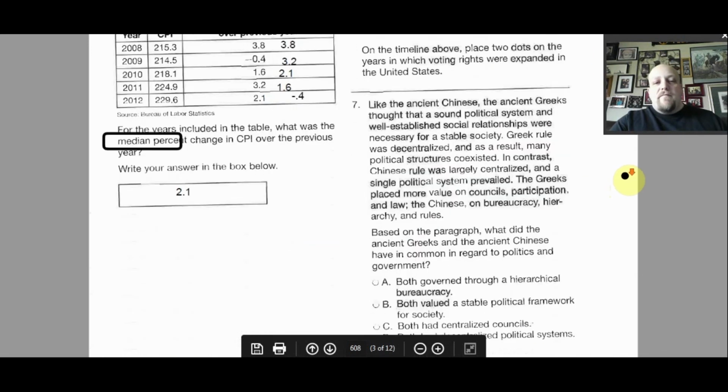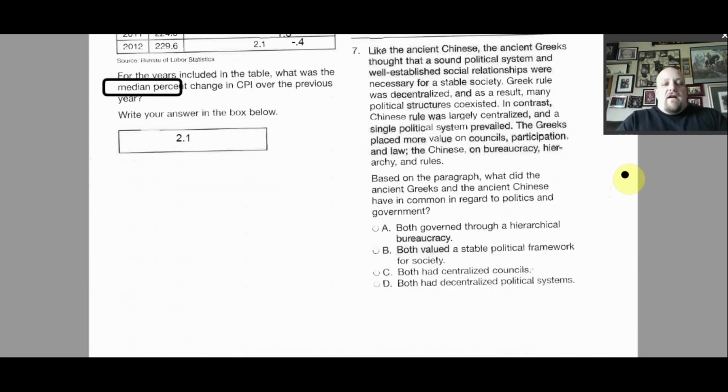So, number 7. Like the ancient Chinese, the ancient Greeks, so meaning they're similar, is what they're saying, thought that a sound political system and well-established social relationships were necessary for a stable society. Greek rule was decentralized, meaning they had multiple groups that would cover different things. They had like a senate, they had different councils for different things, so they were decentralized.